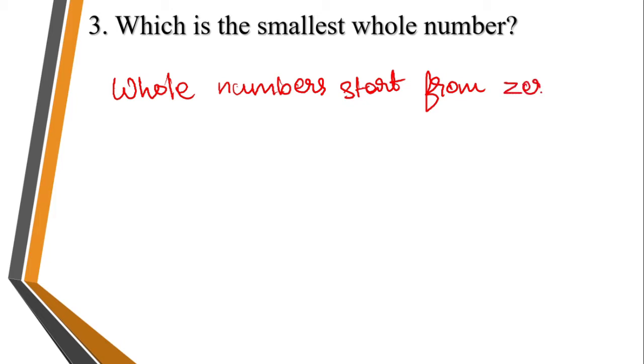So we can say that 0 is the smallest whole number because whole numbers only start from 0. So then 0 will be the smallest whole number. So our answer will be 0.